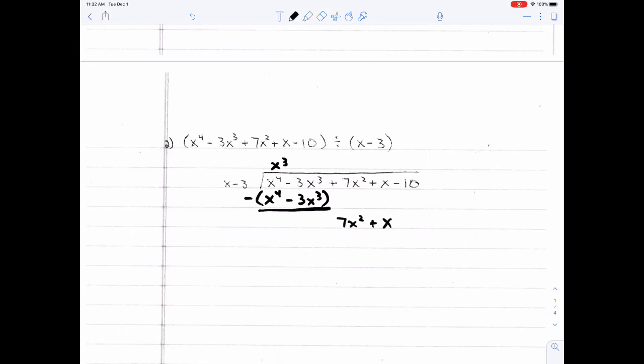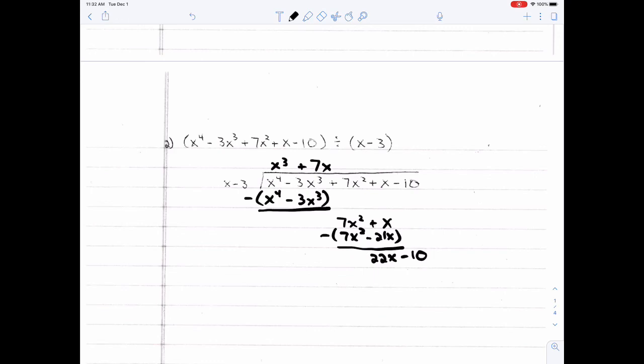What times x gives me 7x squared plus 7x? Multiply 7x squared minus 21x. And I subtract the whole quantity. And then we get 22x and drop down the negative 10. Because only one thing, the x squareds, dropped out. So I only have to bring down one term.